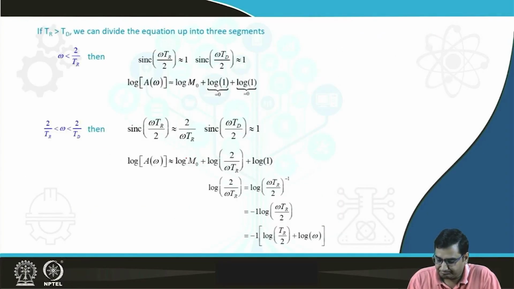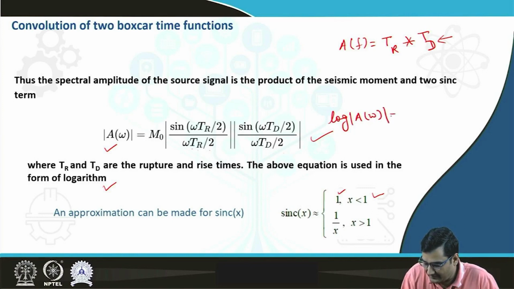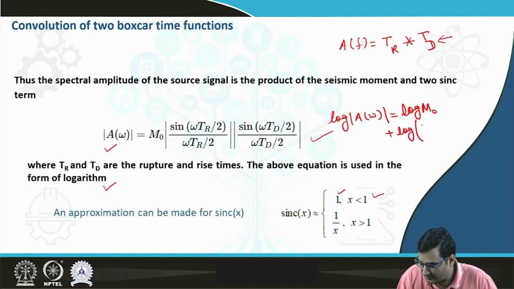If you take the logarithm of it, it becomes log of mod of A omega equal to log of M naught plus log of sinc of omega TR by 2 plus log of sinc of omega TD by 2, right?